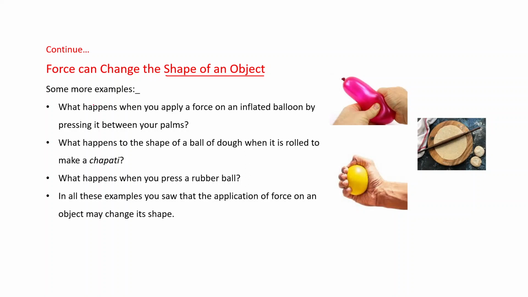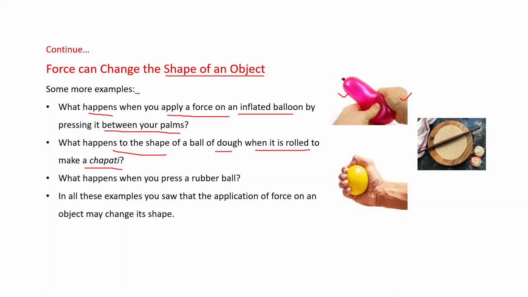Some more examples. What happens when you apply a force on an inflated balloon by pressing it between your palms? This is the diagram. This is the balloon you are pressing. The shape of this balloon will change. What happens to the shape of a ball of dough when it is rolled to make a chapati? Again, see the diagram.